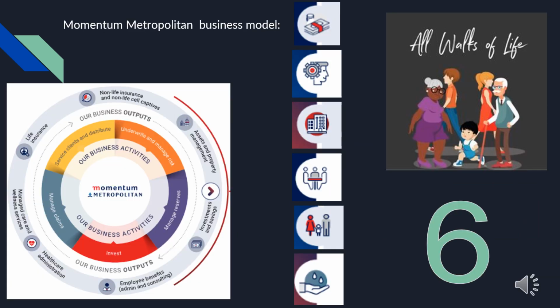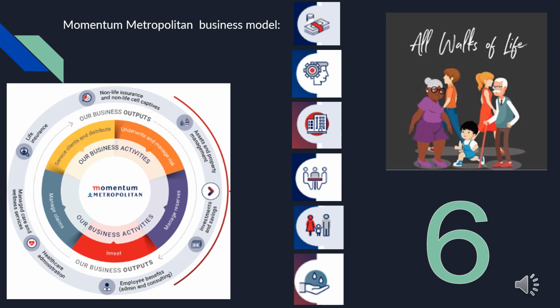Momentum Metropolitan's business model is built on 6 capitals, namely financial capital, intellectual capital, productive capital, human capital, social and relationship capital, and natural capital.